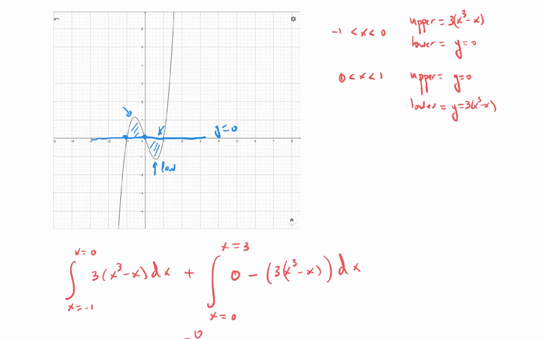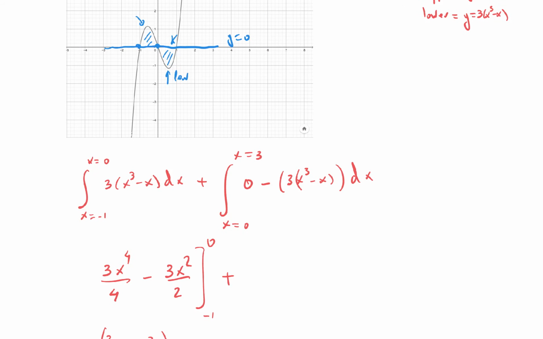First of all, I need to do the integral from x equals minus 1 to x equals 0 of the function minus 0. And later on, I have to do the integral from x equals 0 to x equals 3. This point is the point 3? No, sorry, this is the point 1.